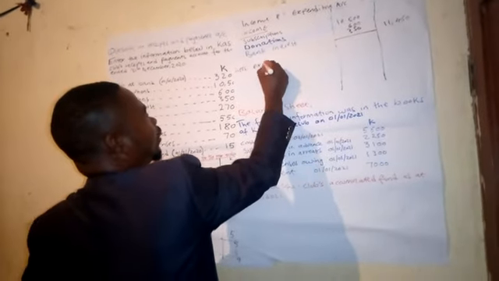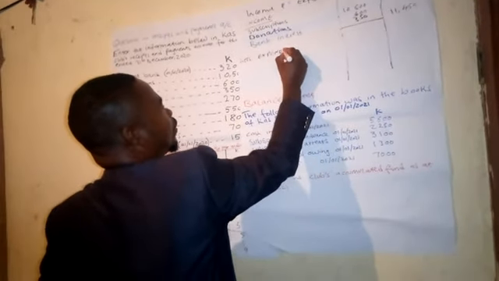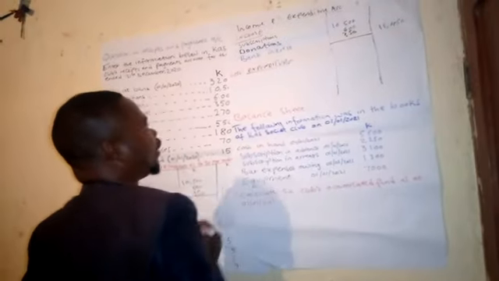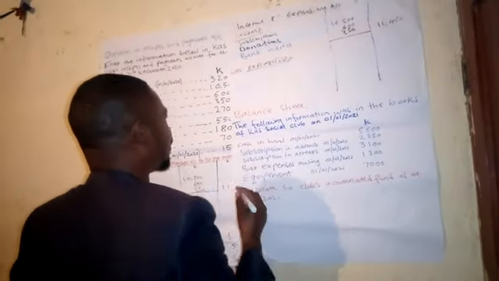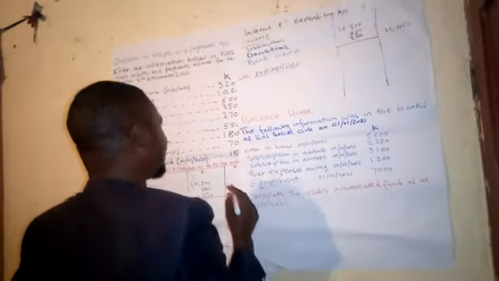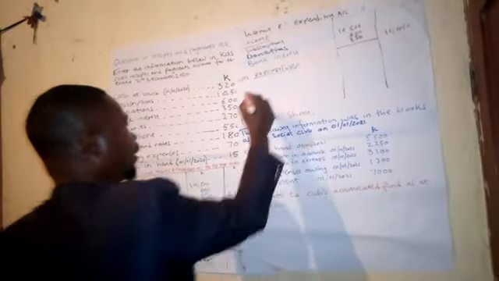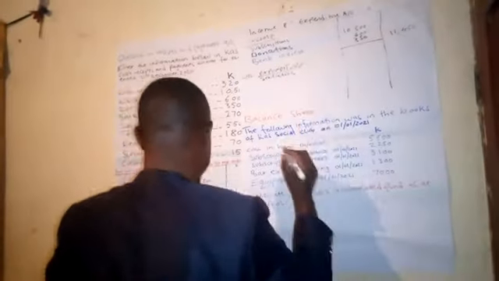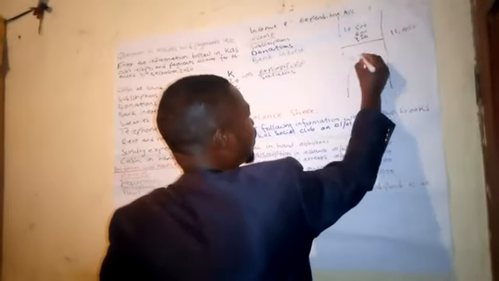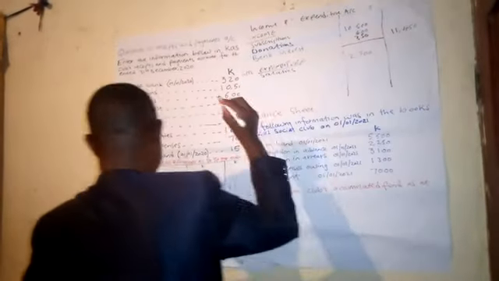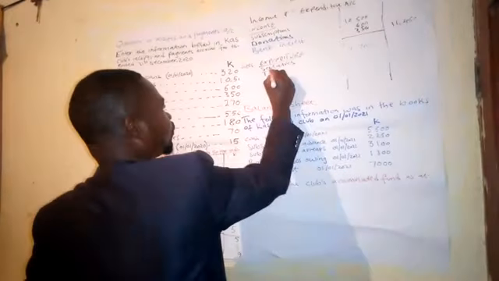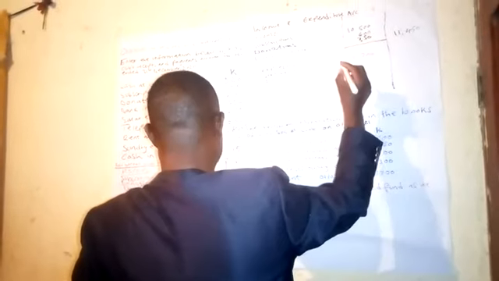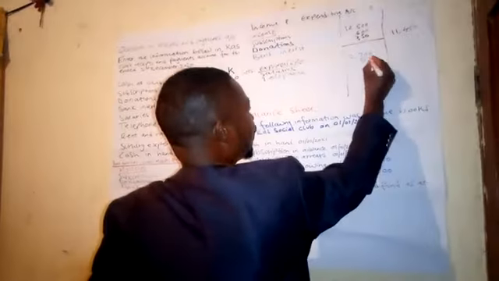Then you say less expenditure, then underline. The expenditure that we had is similar to the payments that we had here. We have salaries 2,700. Then telephone 550.